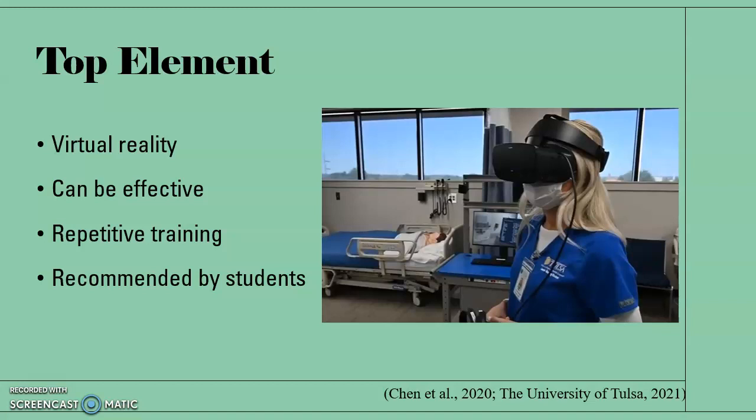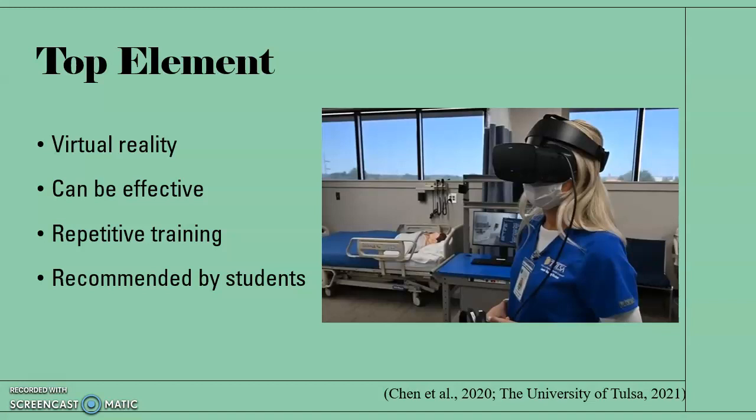If I was integrating new technology into simulation, I would recommend virtual reality. VR for simulation has been shown to be an effective tool for nursing education. It has gained increased attention and has been used to teach leadership, communication, decision making, critical thinking, and disaster triage. VR can provide repetitive hands-on training to develop cognitive skills and mastery, which can measure the student's understanding of concepts and procedure demonstration.